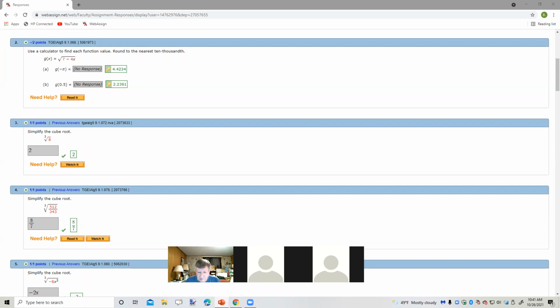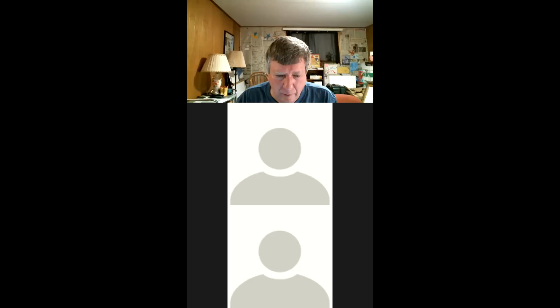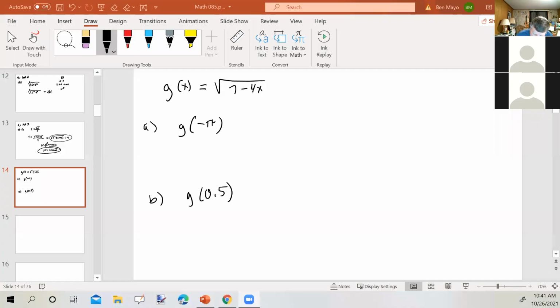Okay, so back on the whiteboard screen, g of negative pi would be the square root of 7 minus 4 times negative pi, which is the square root of 7 plus 4 pi. Okay, the square root of that. So on my calculator, I'm going to put in second square root.